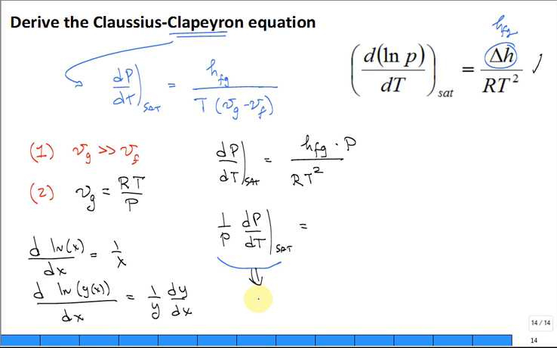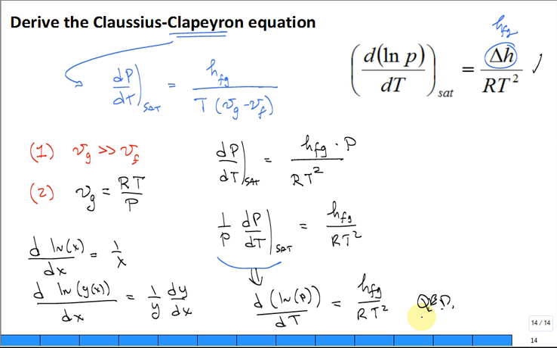So what happens is you just recall that, and you see that's the derivative of the natural log of saturation pressure with respect to temperature. And then you just leave the right-hand side alone. Okay, and there you go, QED. That's what we wanted to show.